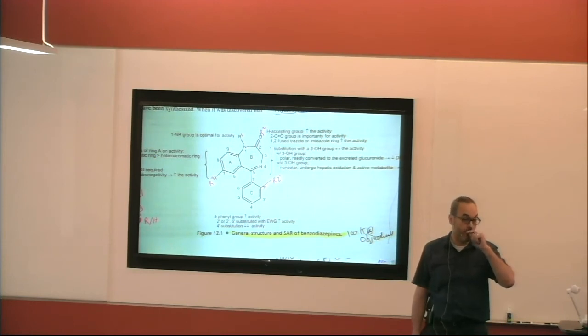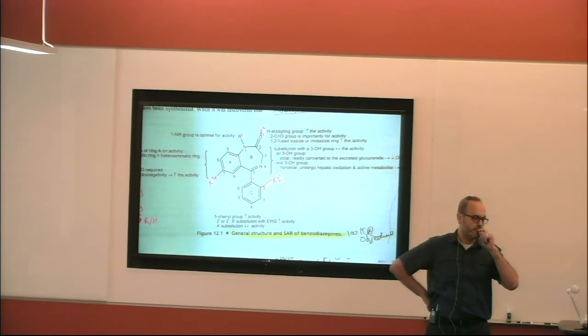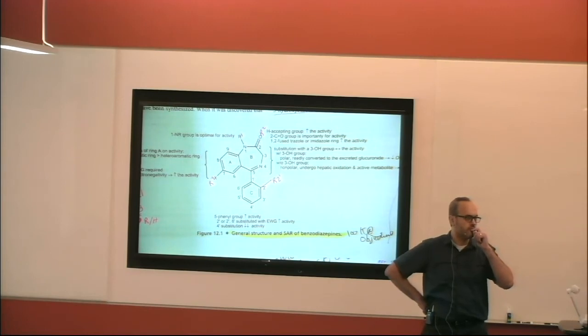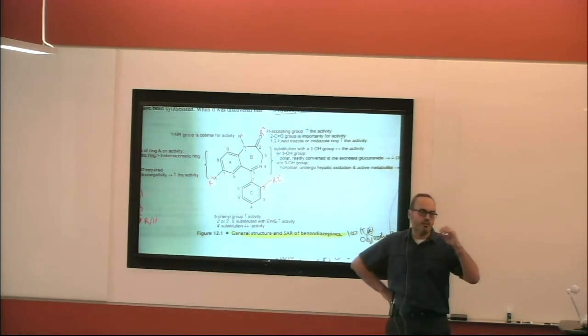Tobacco and cigarettes have MAO, which means it isn't broken down, which means there's more dopamine. So the question was, how does tobacco affect Parkinson?